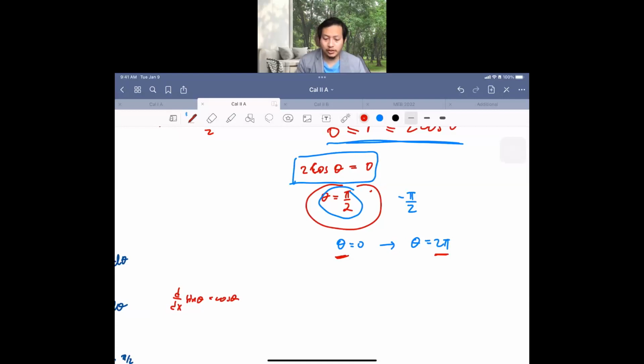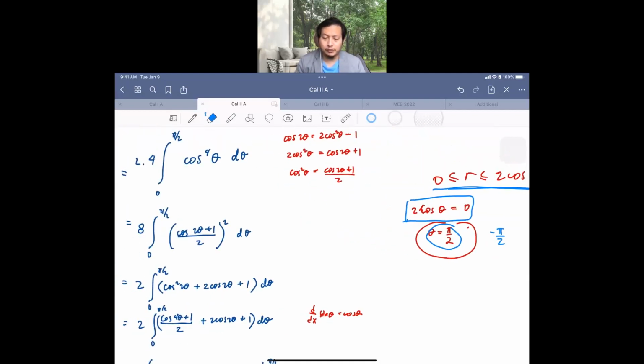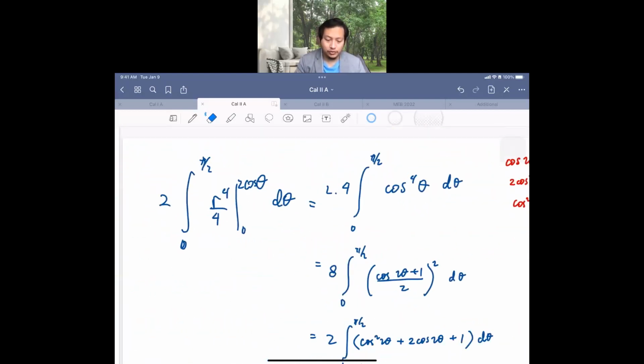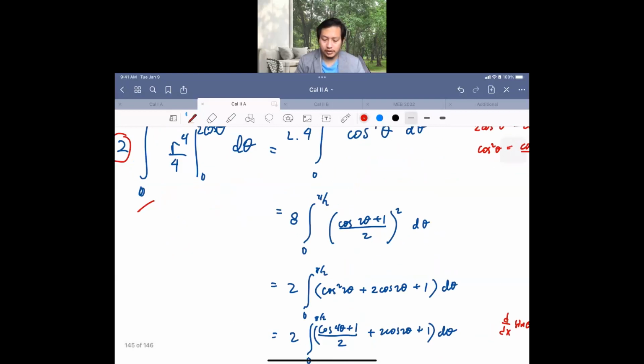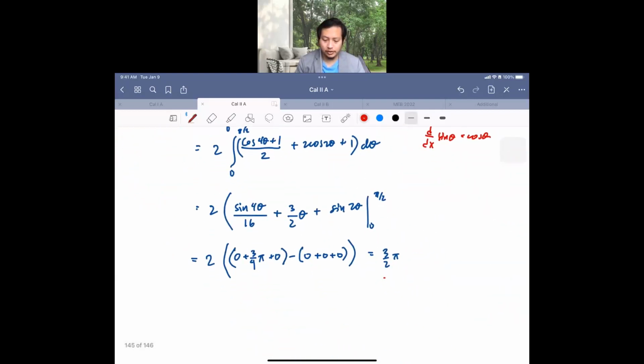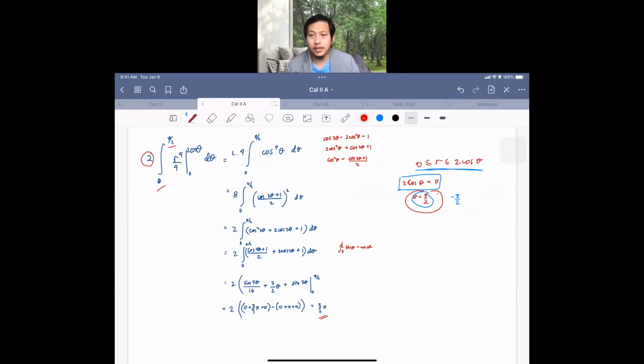So that's why we use pi over 2 and negative pi over 2. Or, because of the symmetry, we could write 0 to pi over 2 and multiply by 2. Then we get the result 3 over 2 pi. I hope you get the illustrations and understand what it means.